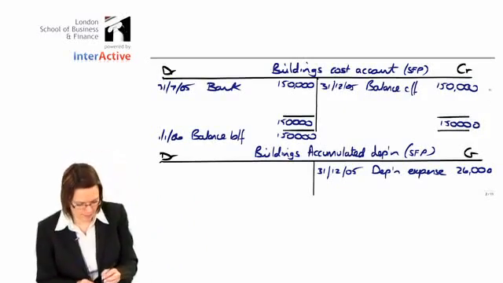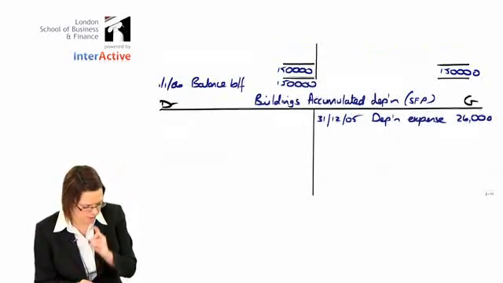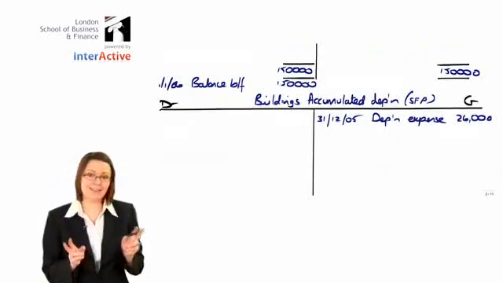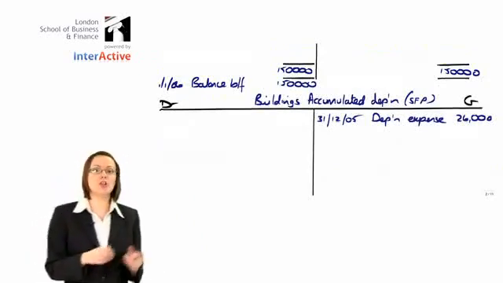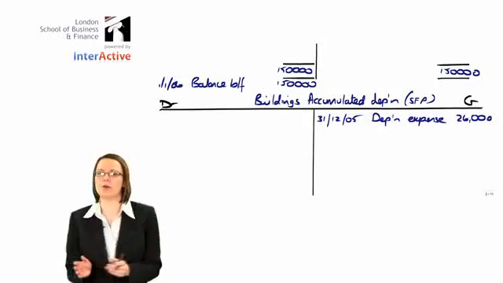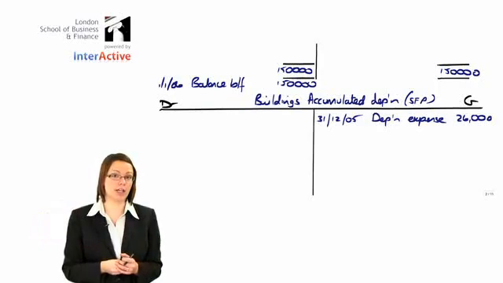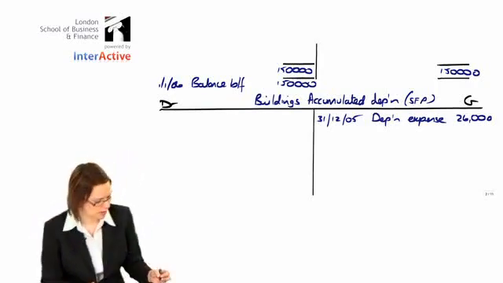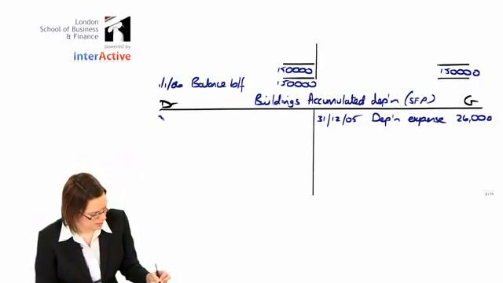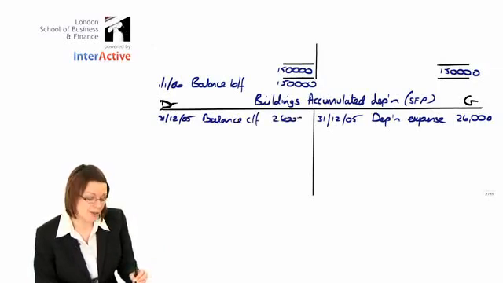Finally then, let's do the same for accumulated depreciation. Again, this is an SFP account, so you carry forward and bring forward. The clue is in the name, it's accumulating depreciation. So, 31st of December 05, balance carried forward is 26,000.